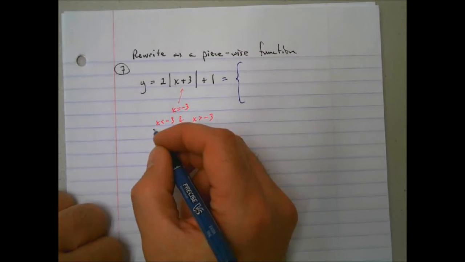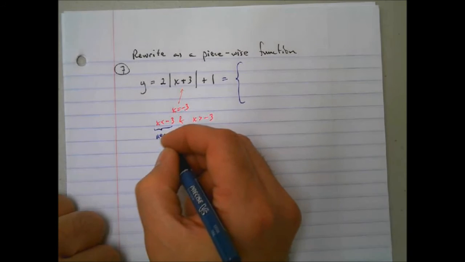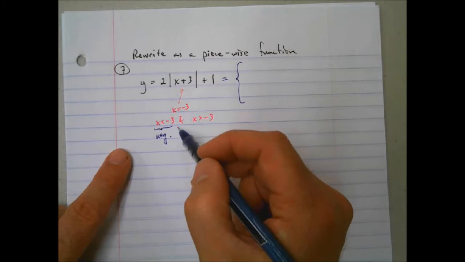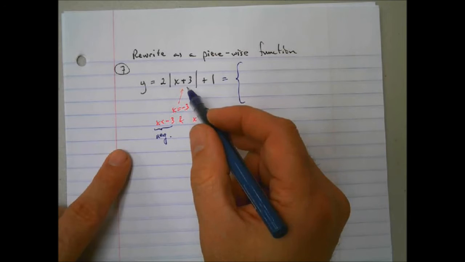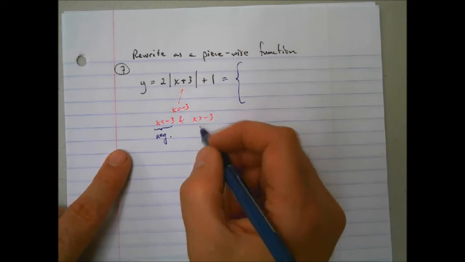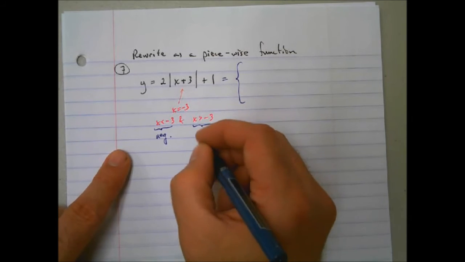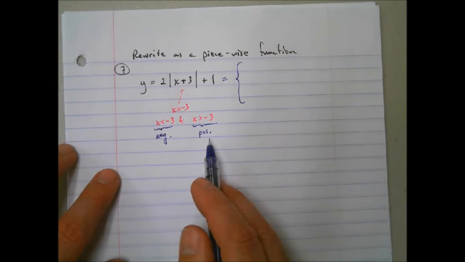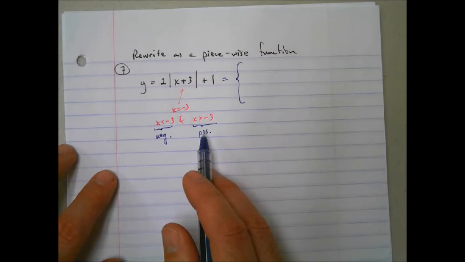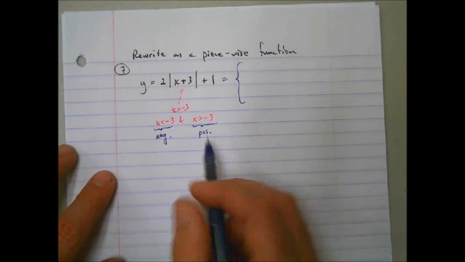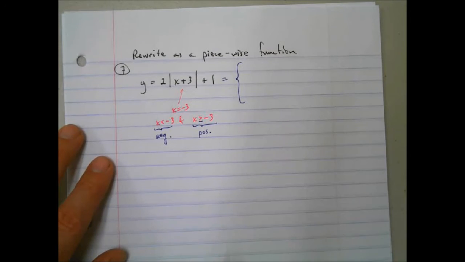So the inside is going to be negative for x less than -3, and for x greater than -3, like -2, -1, 0, etc., the inside would be positive. The equals -3 is going to go with the positive rule, because that's what the definition of absolute value does, where the inside is equal to 0. The 0 goes with the positive rule.